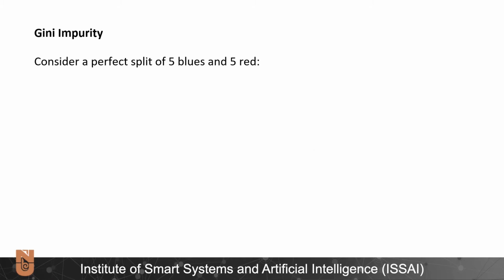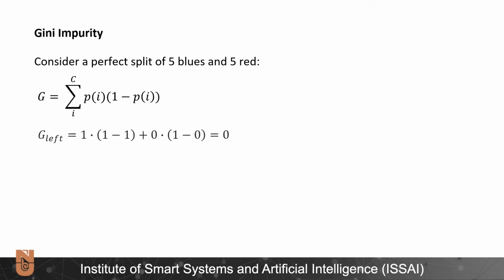Consider a perfect split of 5 blues and 5 red, and let's calculate Gini impurity using this formula. G left will be probability of blue, which is 1, multiplied by 1 minus probability of blue plus 0, which is probability of red, multiplied by 1 minus 0, and is equal to 0. The same way we calculate Gini impurity of right side, which is also equal to 0.